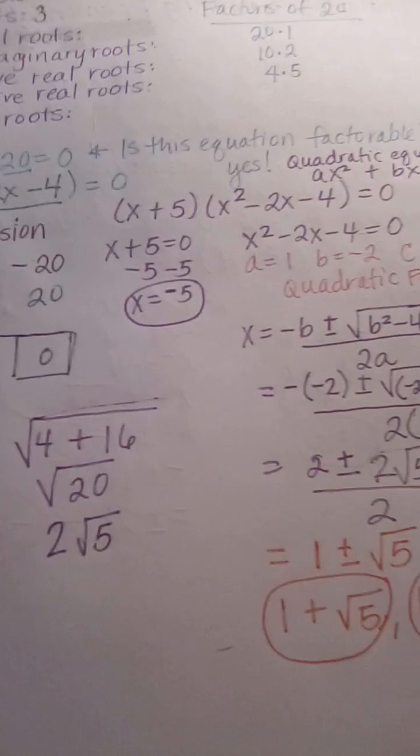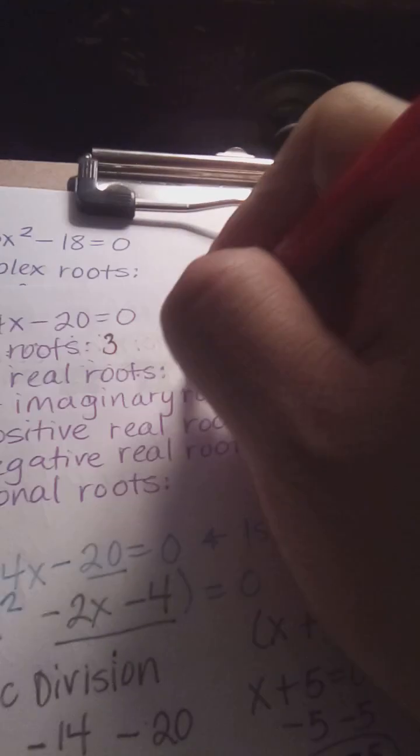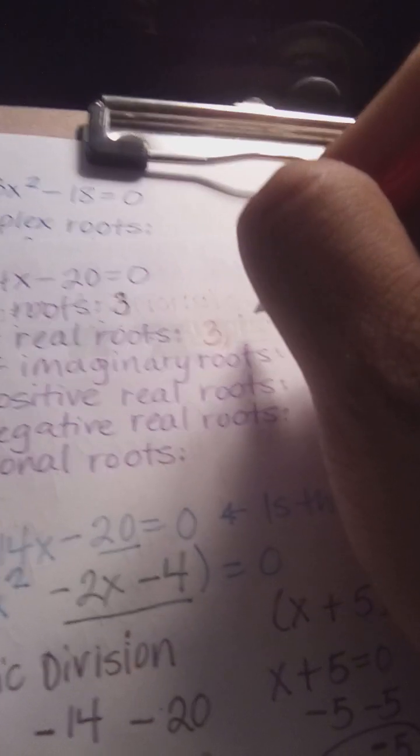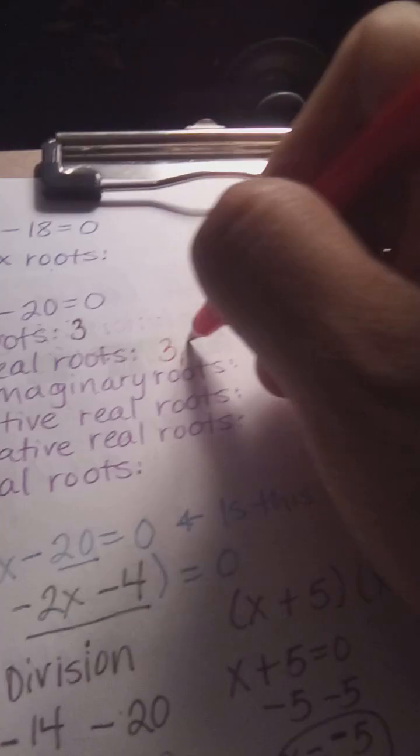All right, let's go through 2 through 5. All right, possible number of roots. Number of real roots. We know it's 3 or 1.